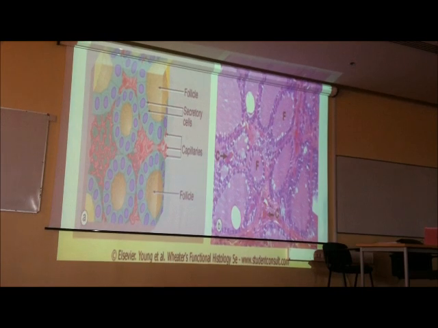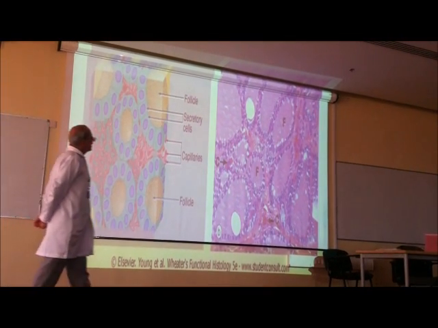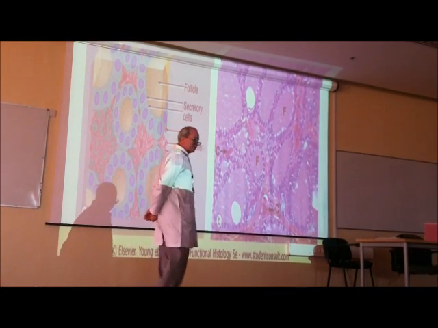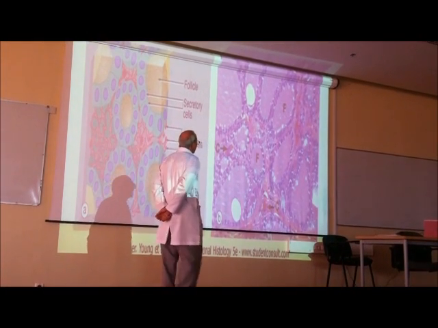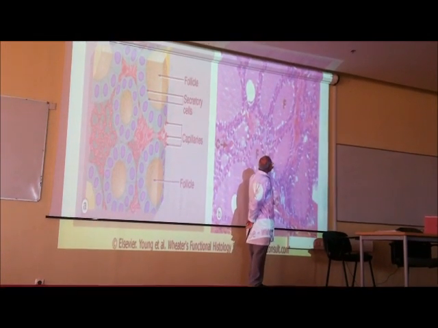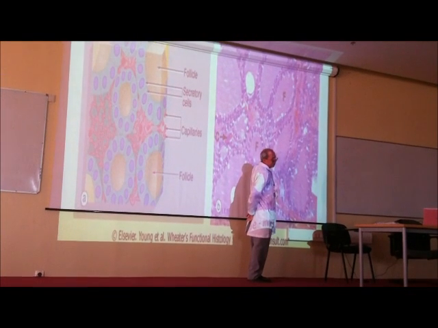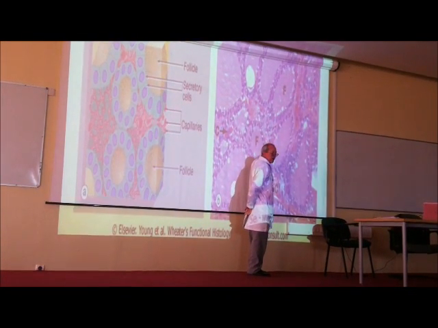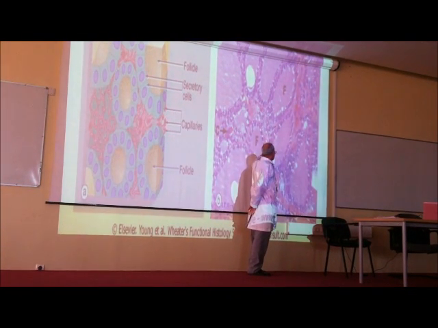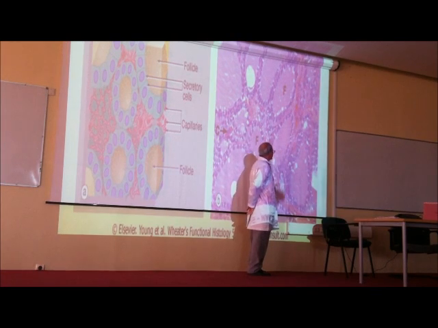Another picture for simple cuboidal epithelium, but in thyroid follicles. I will put an arrow on this type of cell. It's also simple cuboidal epithelium. Why? Its height is similar to its breadth, with central nuclei, in thyroid follicles.